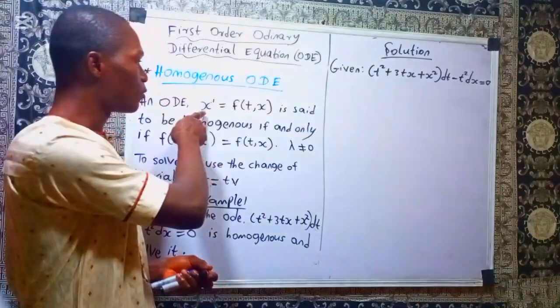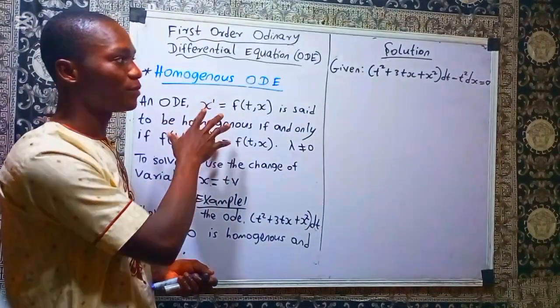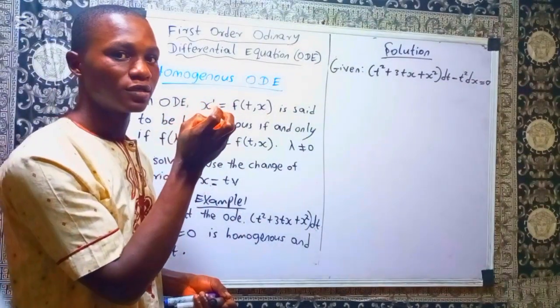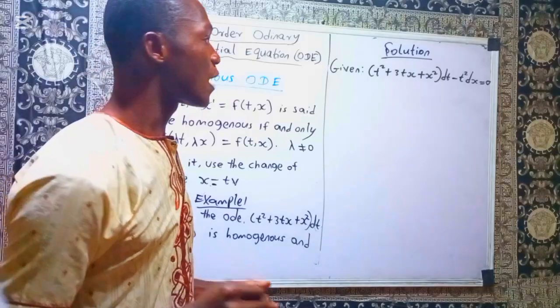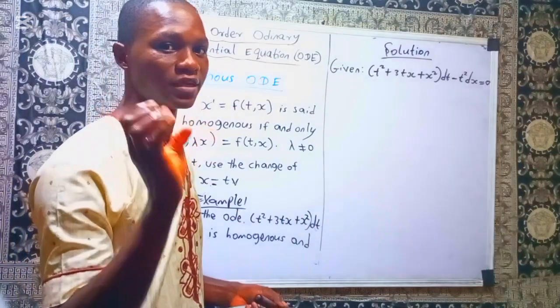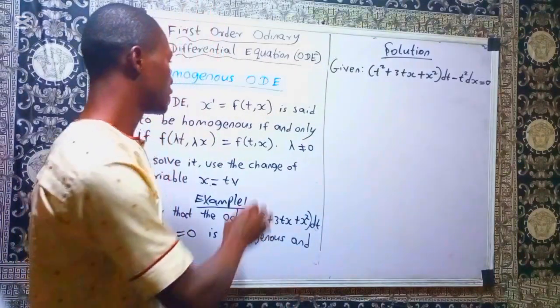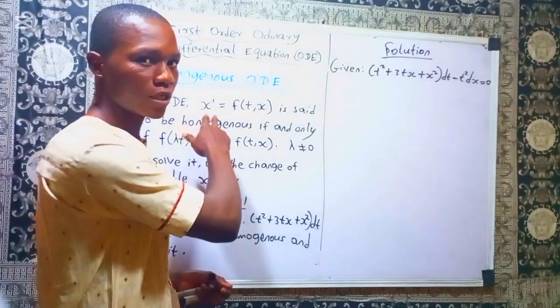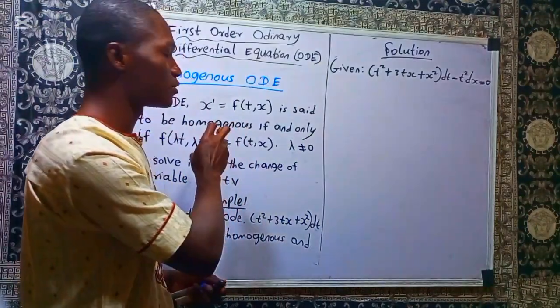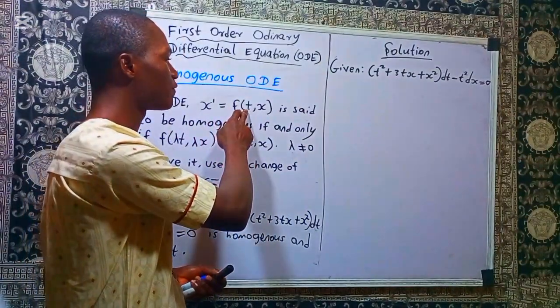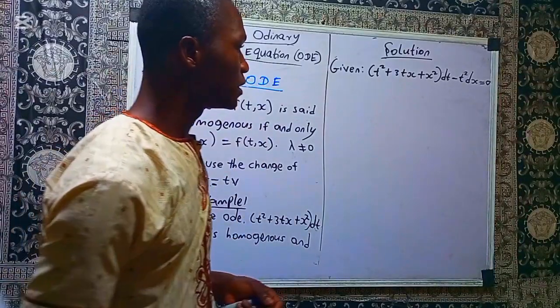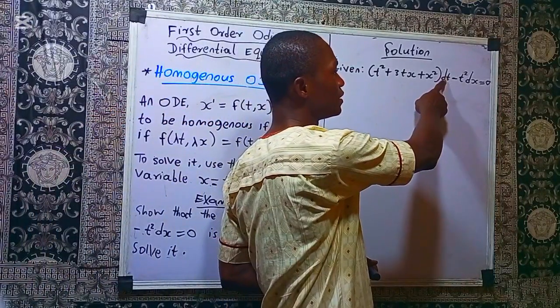Now we have to make the derivative, that first derivative of the dependent variable, the subject of the formula, right? So when you make it the subject of the formula, you now get your f of t comma x. But in this place, you are having dx, you are having what?